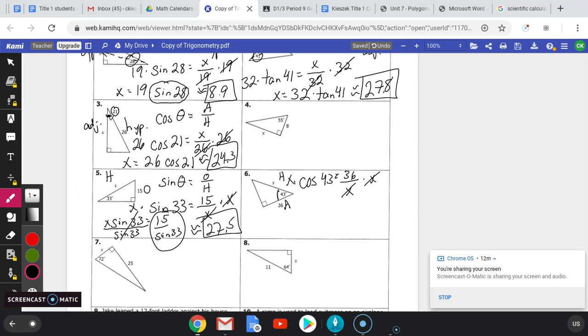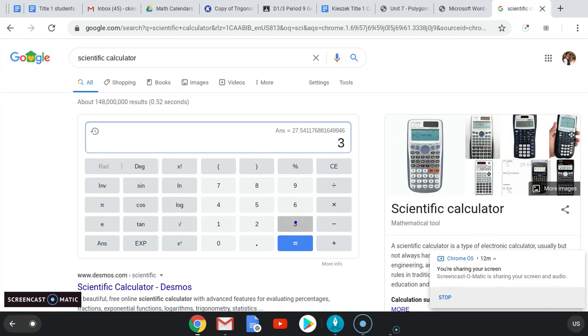Solving for x, I get x cosine of 43 equals 36. Divide each side by cosine 43. So x equals 36 over cosine of 43. Put that in the calculator. And I get 49.2.